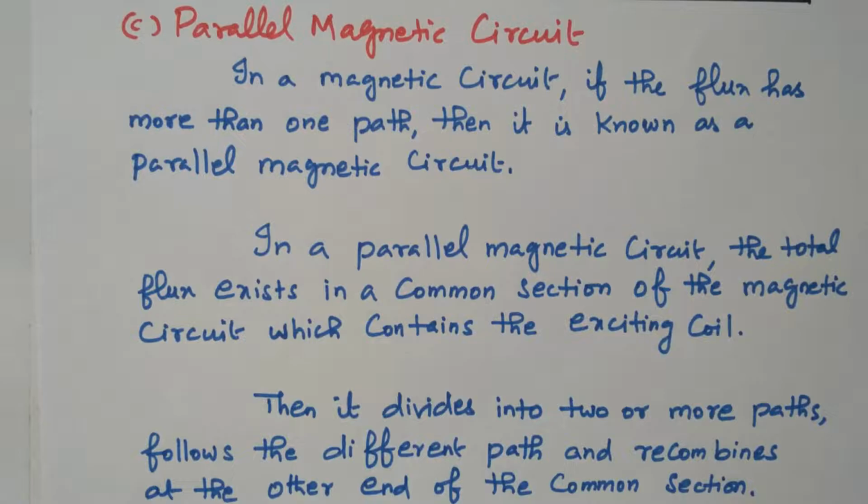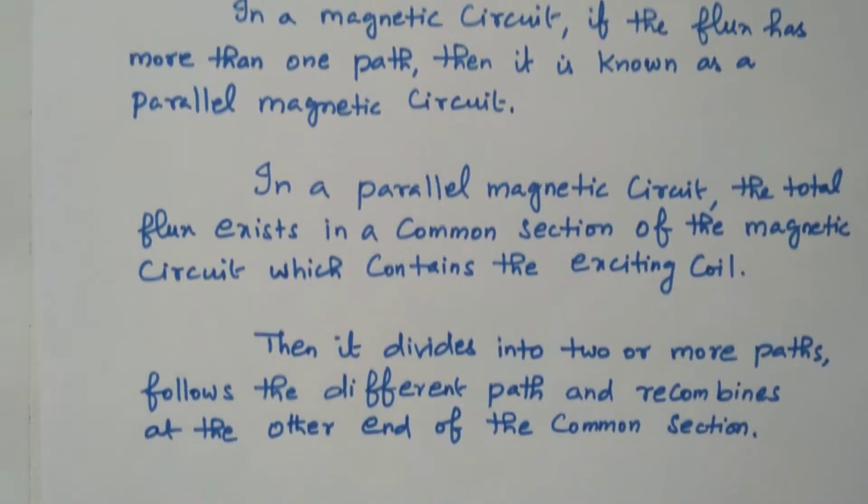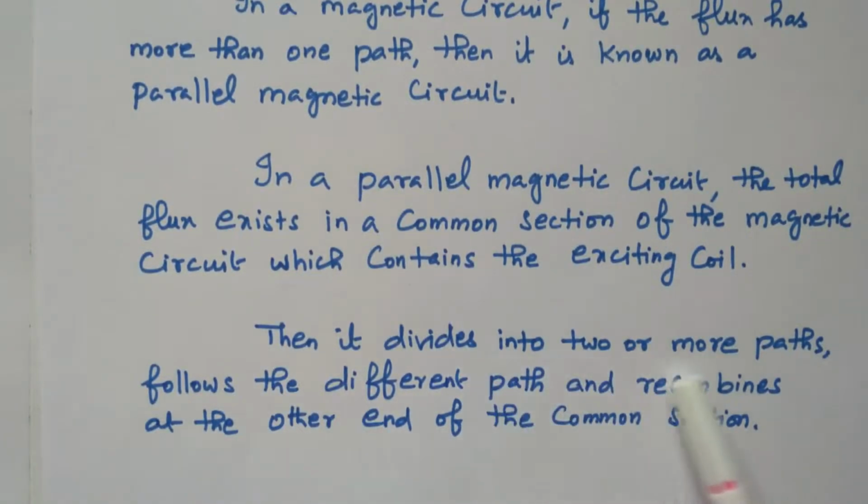After that it is divided into two or more parts, follows different paths and recombines again at the other end of the common section. Thereafter the flux is divided into two different parts, and at the other end it is recombined.